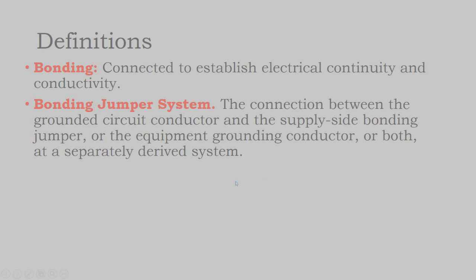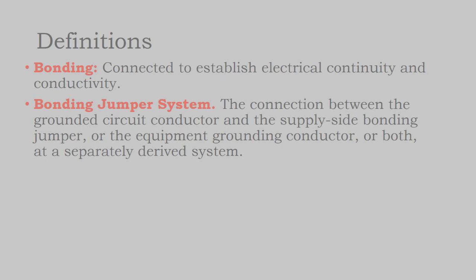Bonding: connected to establish electrical continuity and conductivity. So the question is, what's the difference between bonding and grounding? And the answer is there is not much difference. Bonding is concurrent flow between two things, and all of your metal parts are bonded together, and all of your metal parts are attached to that equipment grounding conductor.